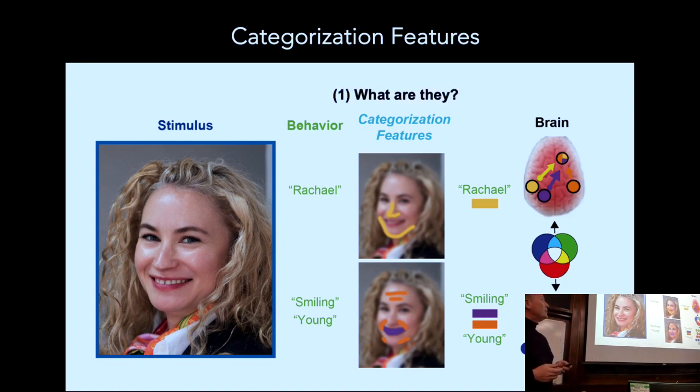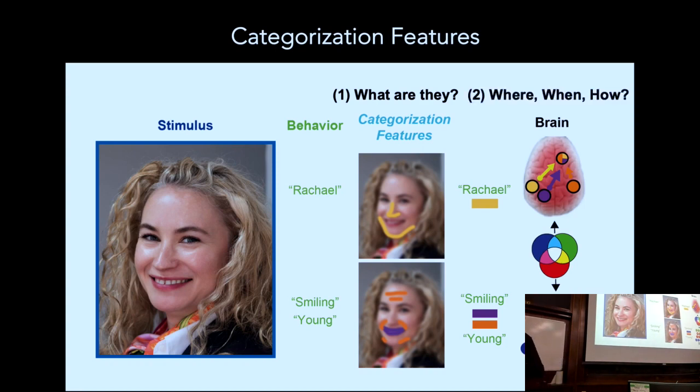So what we want now to do is try to address some of the gaps that we have in our knowledge to achieve an understanding of flexible visual categorization. The first gap is, in general, we don't know what the categorization features are that enable us to go from the stimulus to this or that categorization of the same picture.